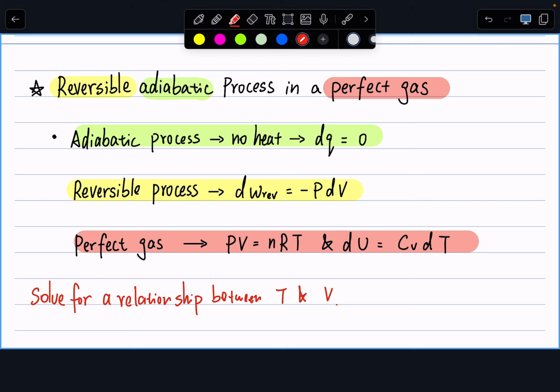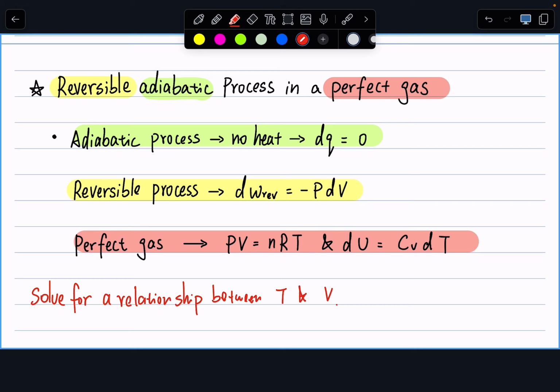And from here, on the left-hand side, we have the differential of temperature. On the right-hand side, we have the differential of volume. So what we want to do is move the terms so temperature goes with temperature, volume goes with volume. In this case, let me move the temperature to the left. We have Cv over T dT equals negative nR over V dV.